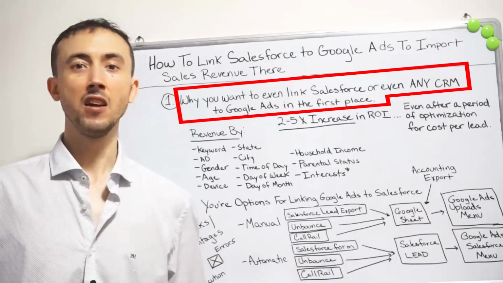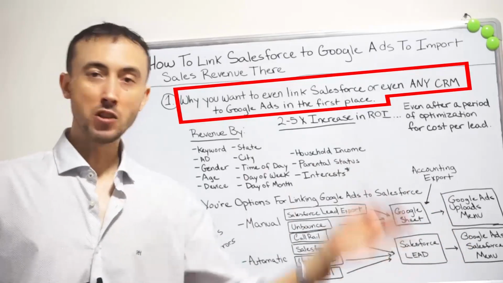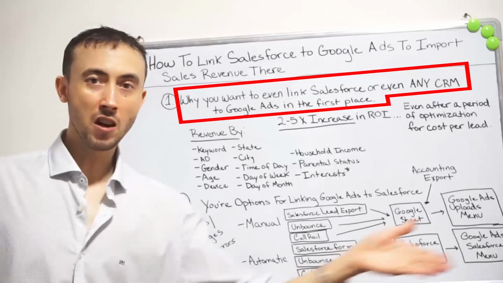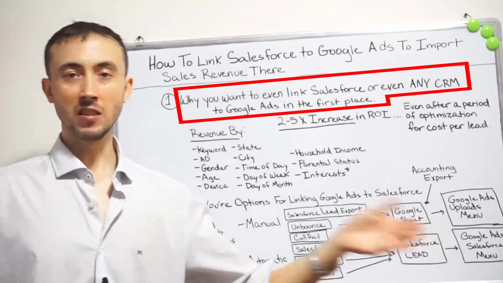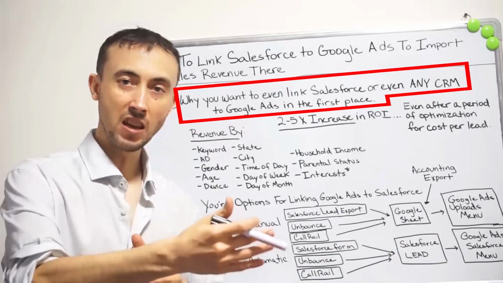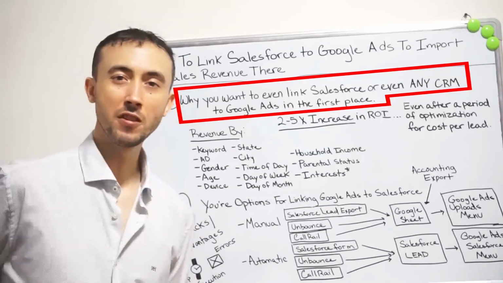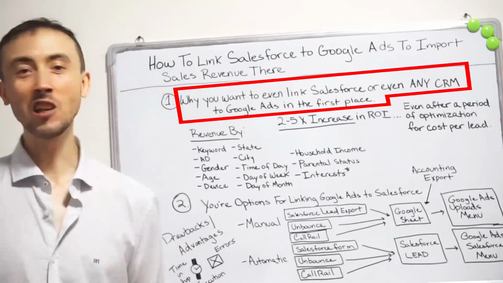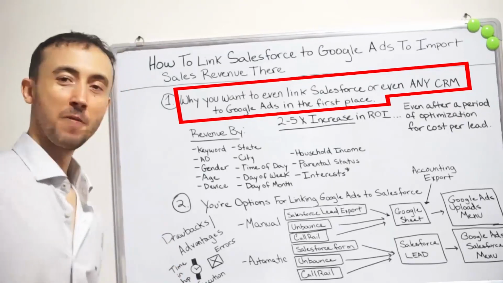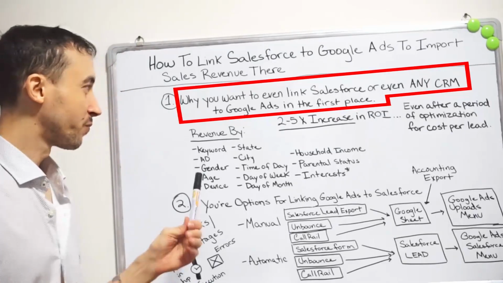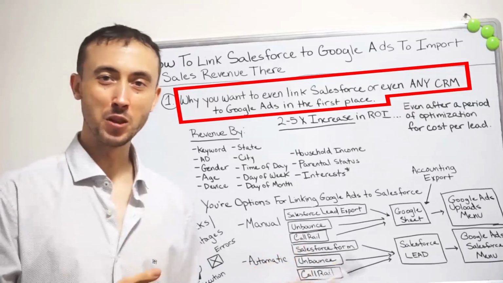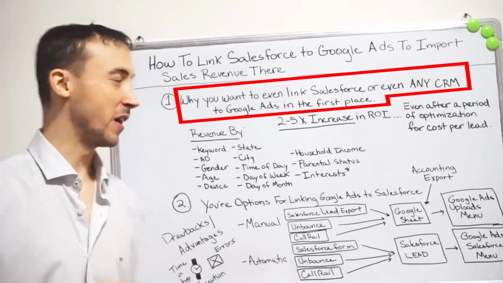You don't know that. You're leveraging up on those people because they're so cheap, not knowing that leads from that keyword are mixed in with everything else. So basically you're the sucker in that situation. Sorry if that offends anybody out there, but I try to keep things in perspective and get straight to the point.